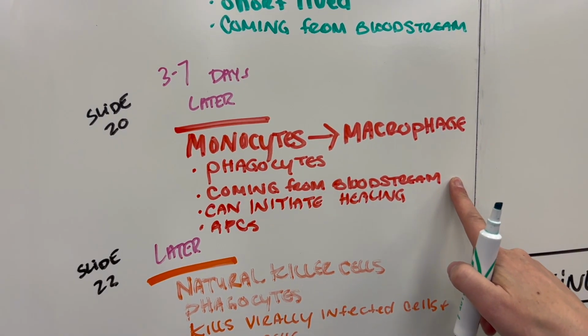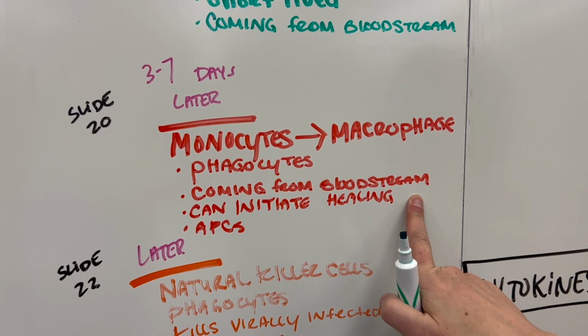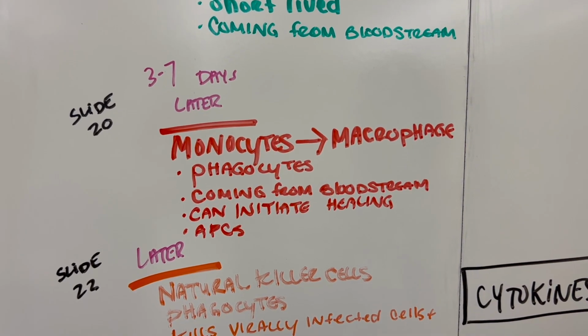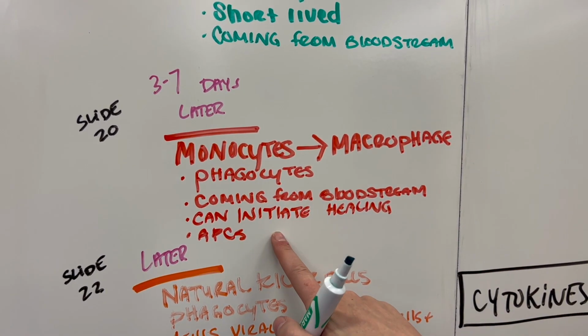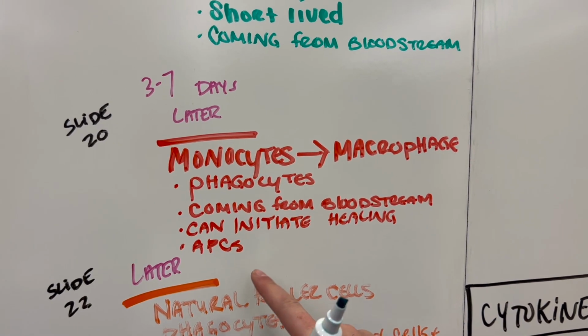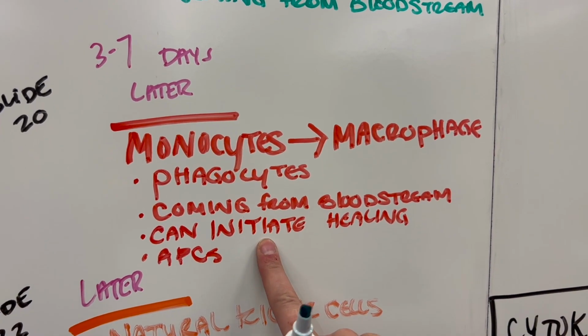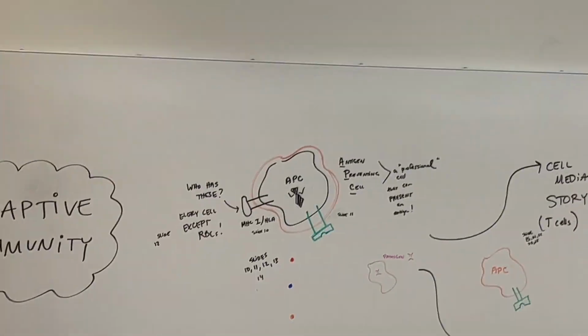They're also made in the bone marrow and come from the bloodstream. They also have the ability to initiate healing by releasing chemical mediators that tell the body it's time to start the healing process once everything's cleaned up and the threat is gone. And they do have a role again later, because these are antigen presenting cells that tie into our adaptive immunity.